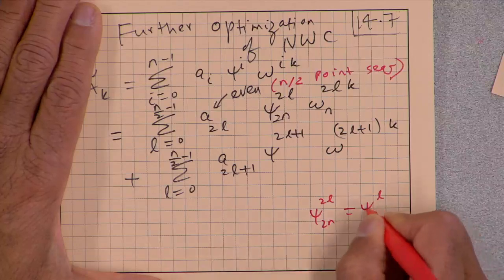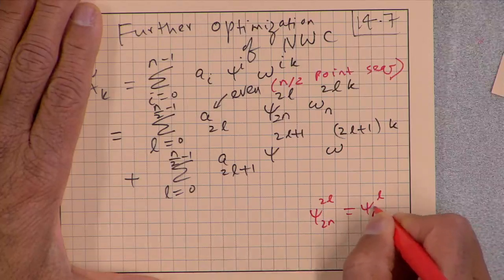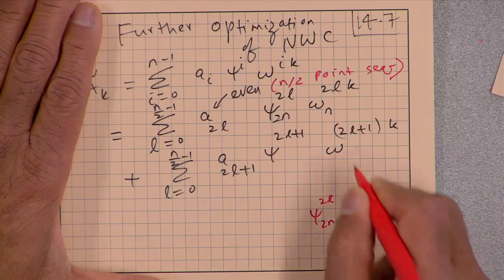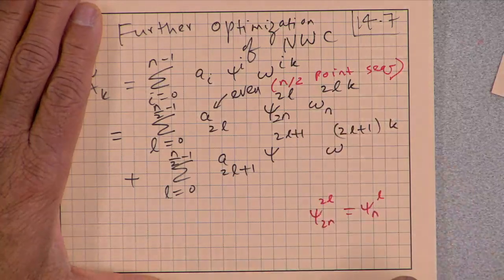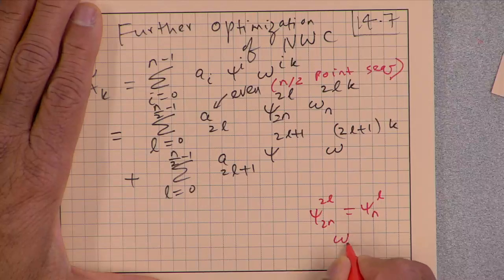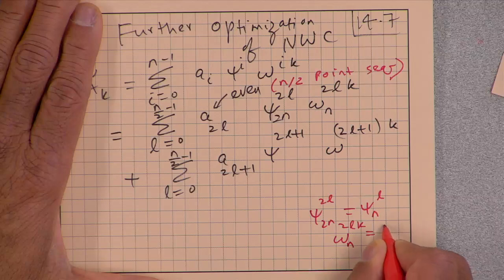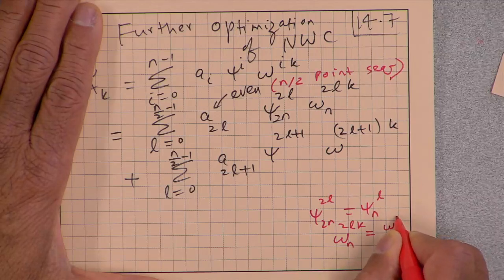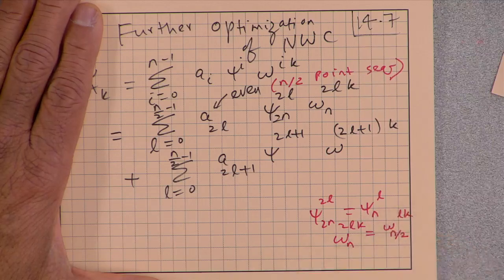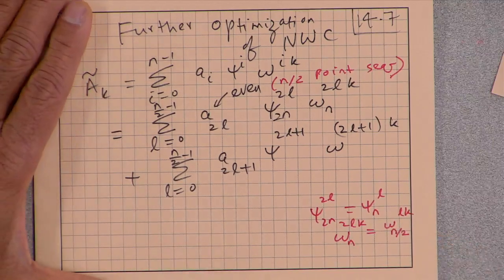Okay, so by the way, the psi n now will be the same as omega n, because that's the nth root of unity. And then omega n to the power 2lk is the same as omega n by 2 to the power lk. Okay, so you already remember some of those kinds of things.